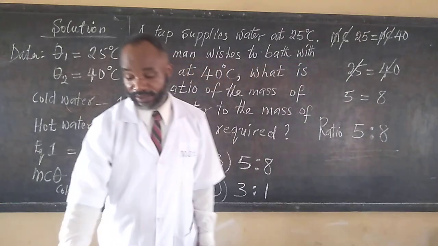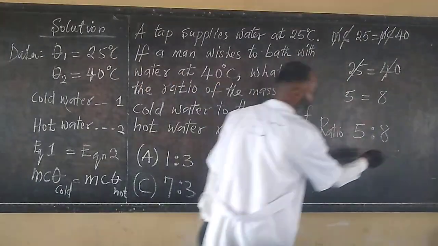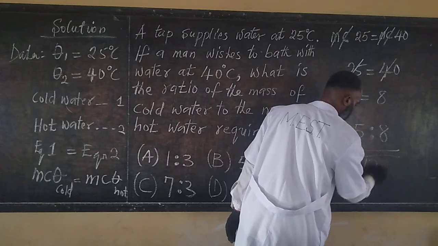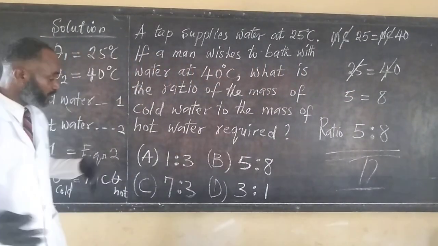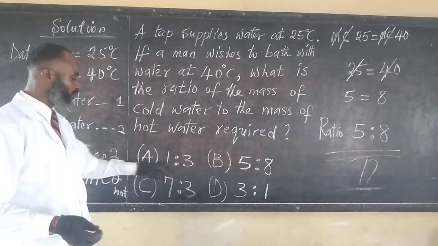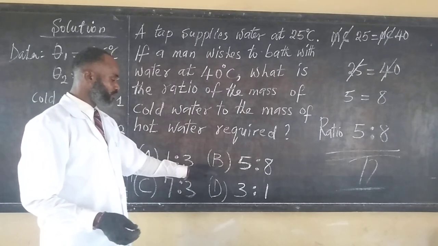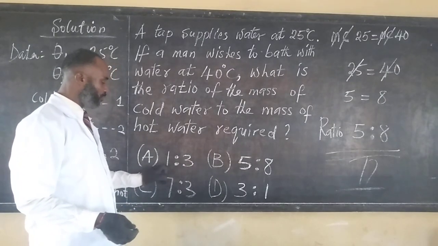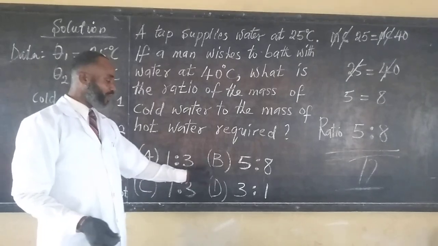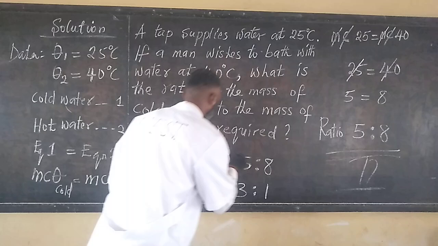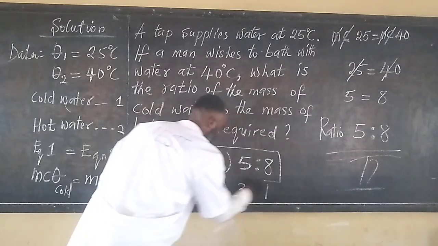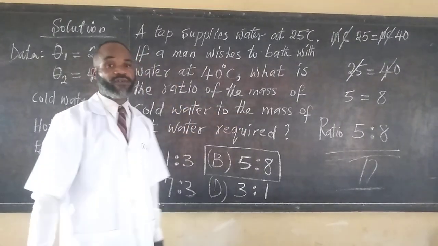You don't need much here. So go through your options once again and check. Option A is 1:3. Option B is 5:8, and that's what we have. So option B is the correct option. Solved.